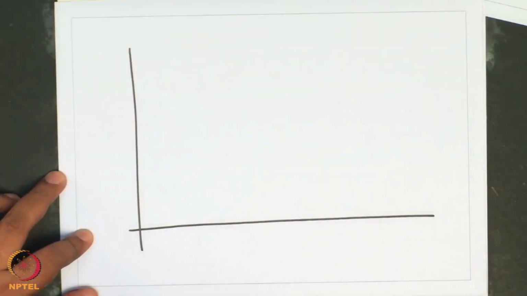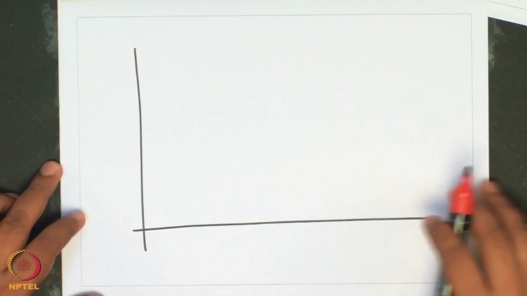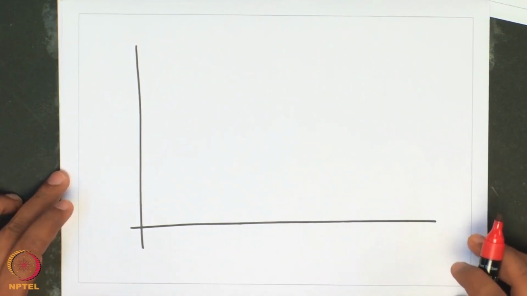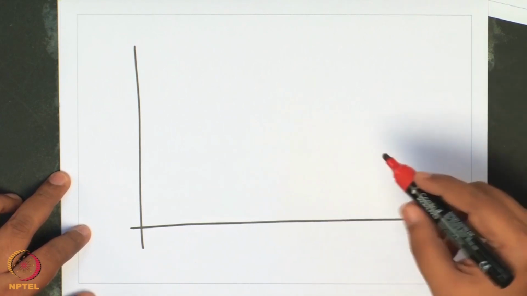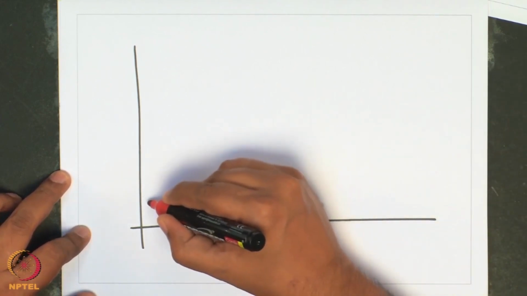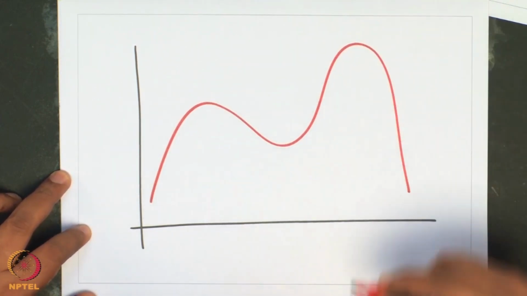But as we get familiar with functions, the thing that we should learn is that any function that you plot, any function, draw any function that you like, a random smooth function, typically you would draw something like this.